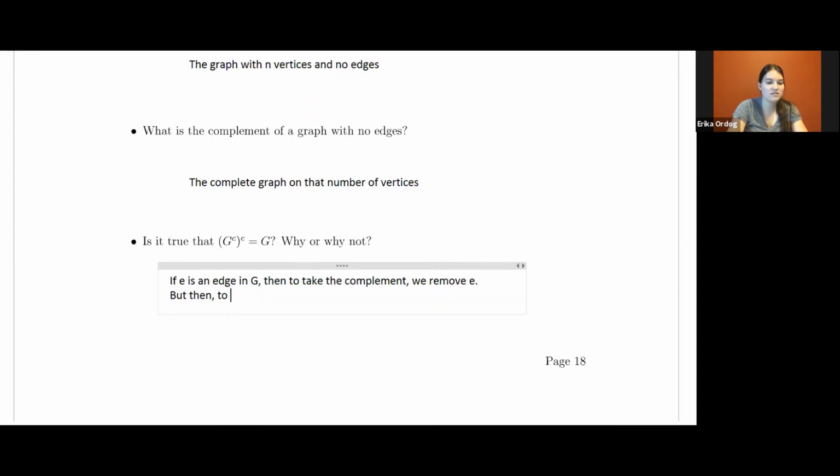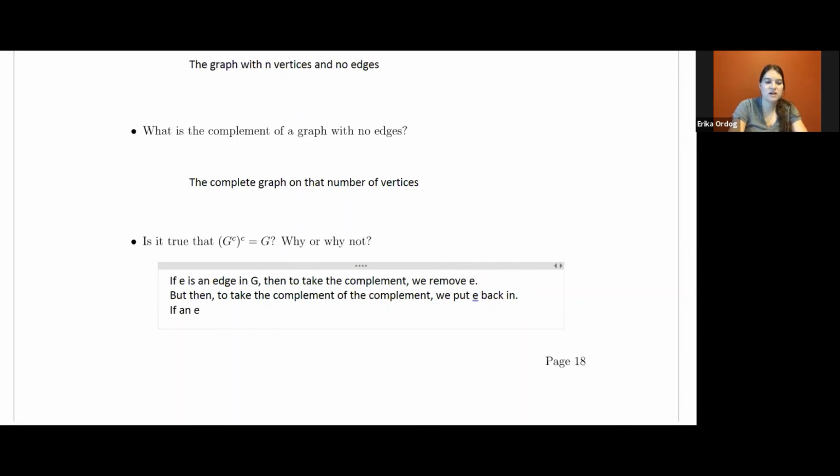But then, to take the complement of the complement, that's G to the C to the C, we put e back in, since it's not in G complement. So all the edges of G are in G complement complement.